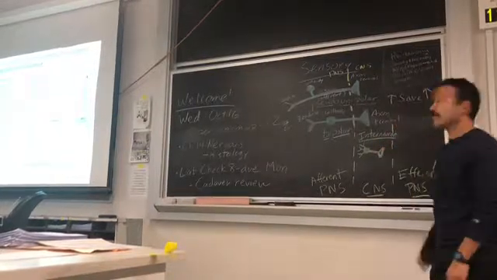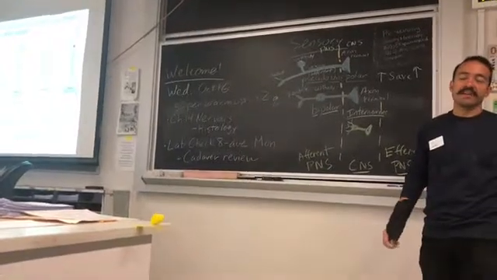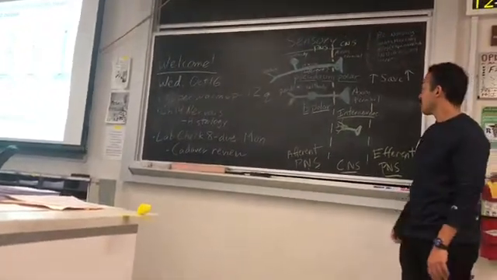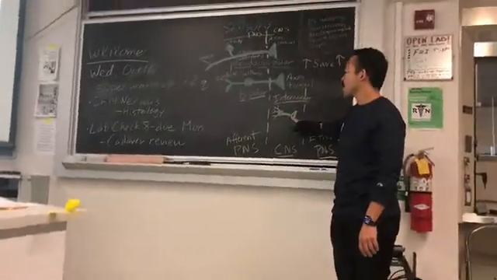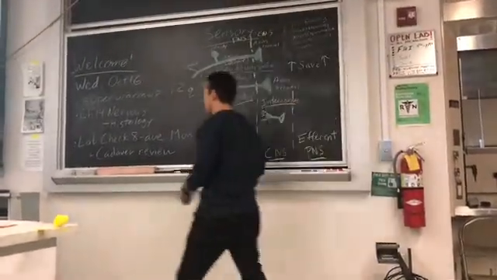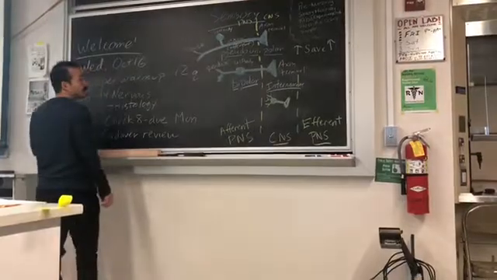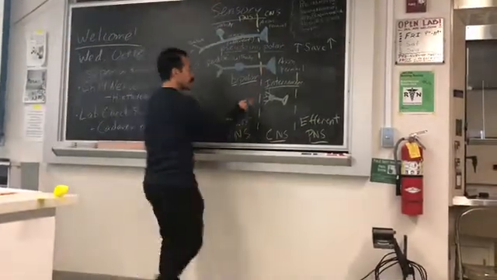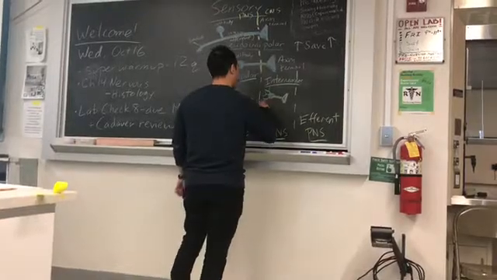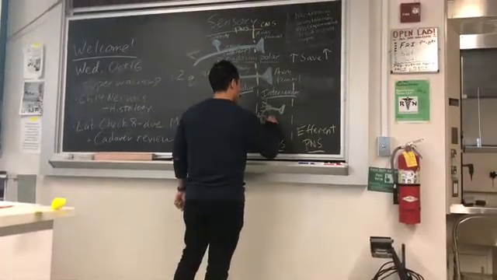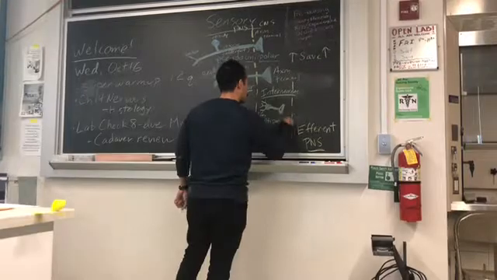The axon terminal might branch, but I'm not going to draw it branching. Lots of dendrites to the cell body, axon, axon terminal. Again, this is called multipolar.